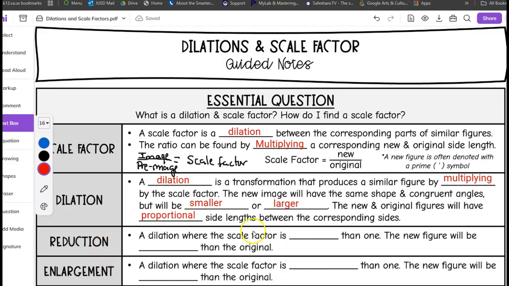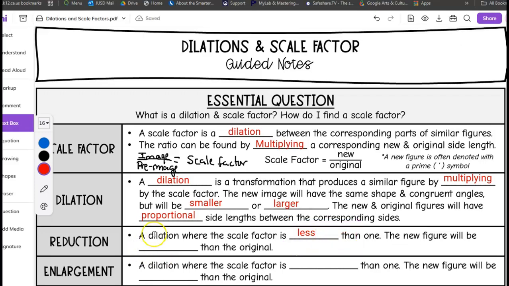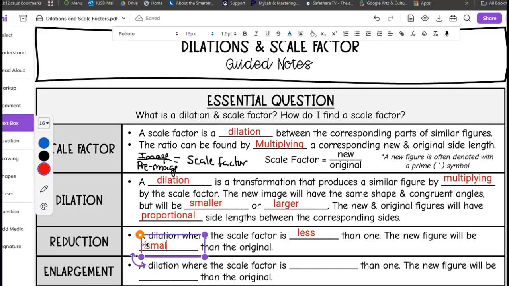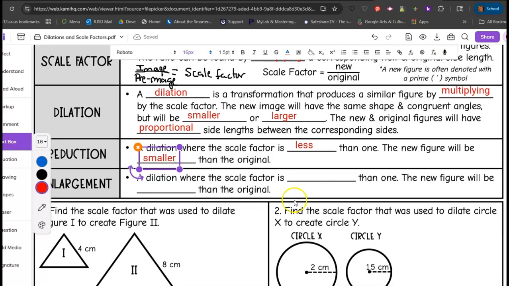Okay, a reduction. So when we talk about reduction, it's a dilation where the scale factor is less than 1, and the new figure will be smaller. So on a reduction, the scale factor, the number you multiply, will be less than 1. It'll be a fraction. And that will give us the image will be smaller than the pre-image.